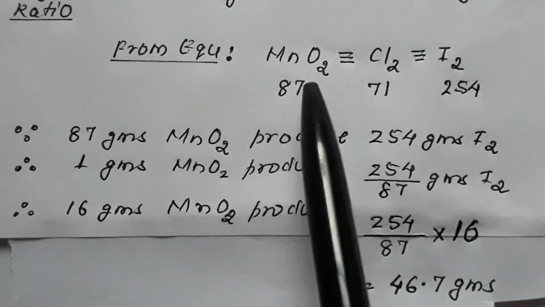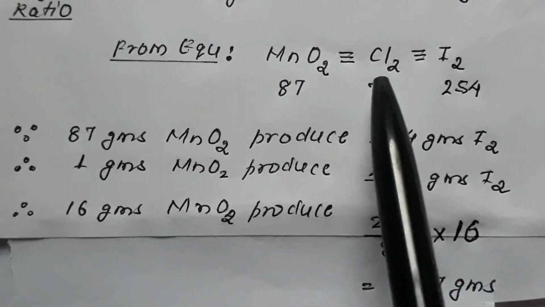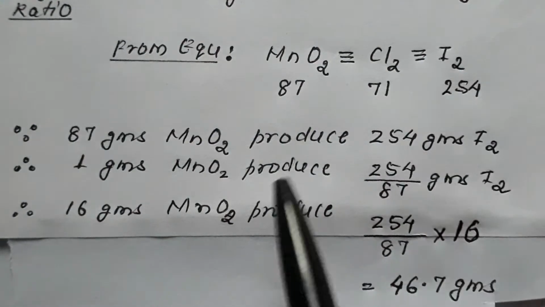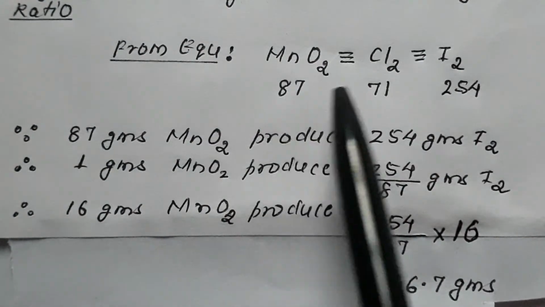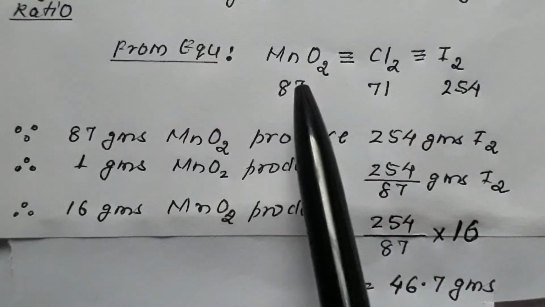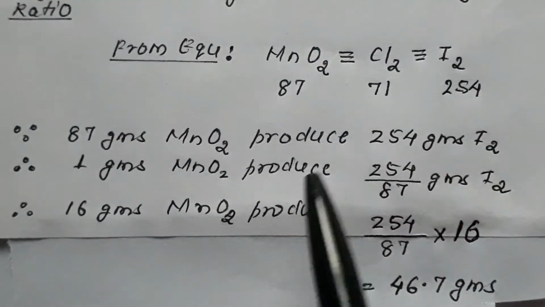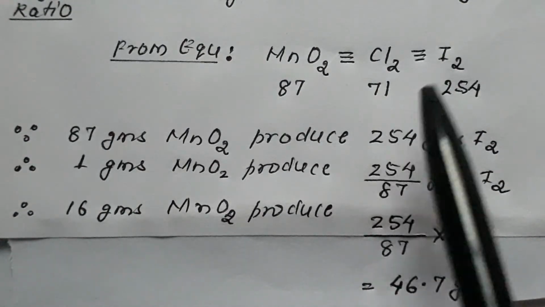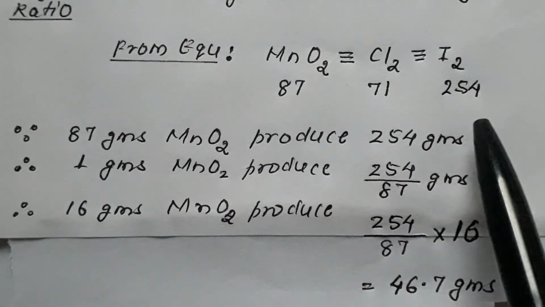So they are related: 1 MnO2 is equivalent to 1 chlorine, which is equivalent to 1 iodine. MnO2 is 87, chlorine is 71, iodine is 254.